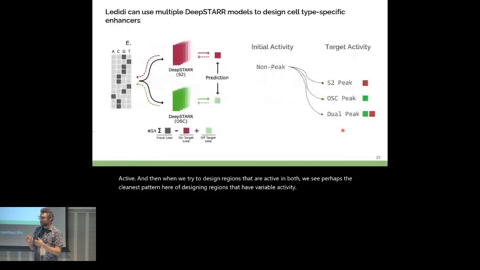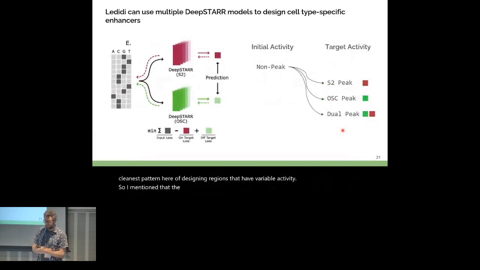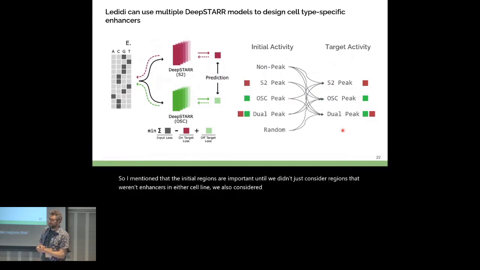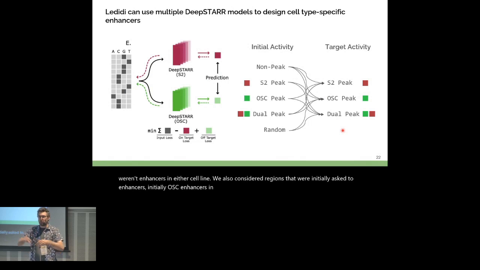So I mentioned that the initial regions are important. And so we didn't just consider regions that weren't enhancers in either cell line. We also considered regions that were initially S2 enhancers, initially OSC enhancers, enhancers in both, and totally random DNA. We're still analyzing all of the results here. We just got the data.